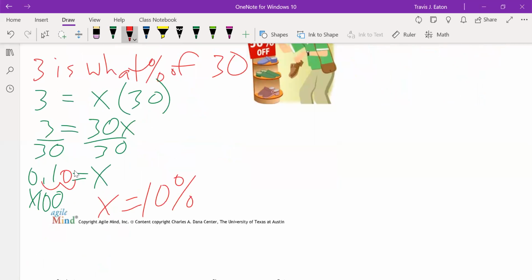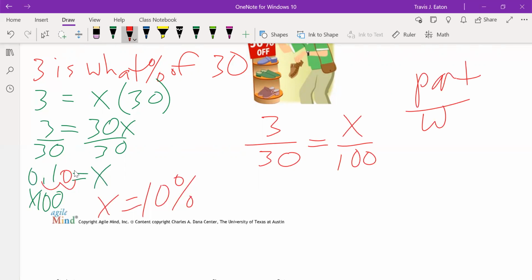Now, there is another way to do that. You wouldn't have to write out this sentence, right? We could say, well, let's look at comparing them as a proportion. 3 is to 30 as what is to the 100%, right? Because we're looking at this as a part to whole representation. And since it's a proportion, to solve a proportion, the easy way to do that would be to cross multiply.